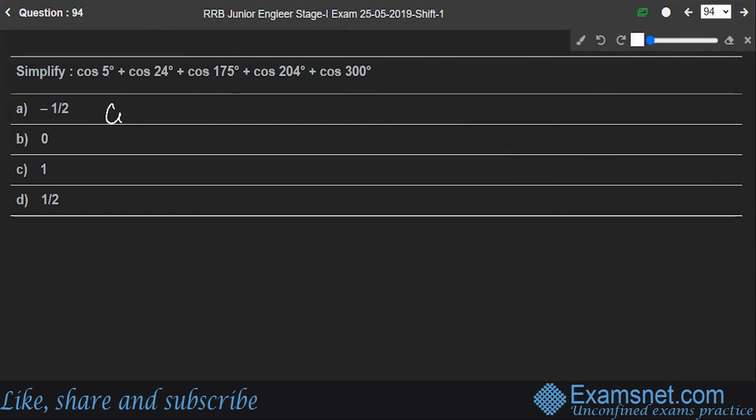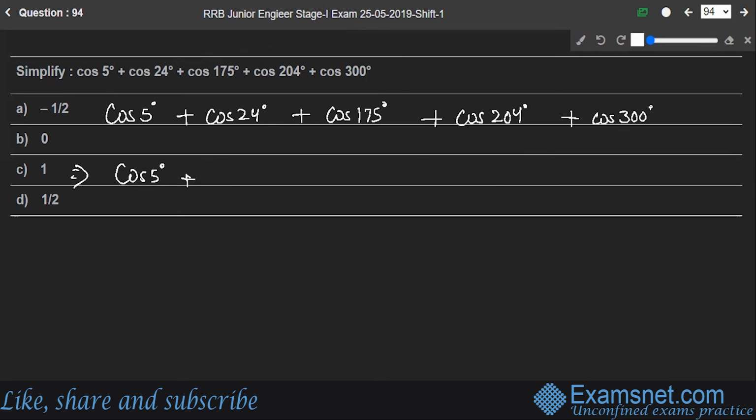Next is question number 94. So you have a trigonometry problem. This says cos 5 plus cos 24 plus cos 175 plus cos 204 degrees plus cos 300 degrees is equal to. Let's write it like this only. Cos 5, cos 24. Let's write cos 175 as 180 minus 5 and 204 as 180 plus 24, and 300 is 360 minus 60 degree.